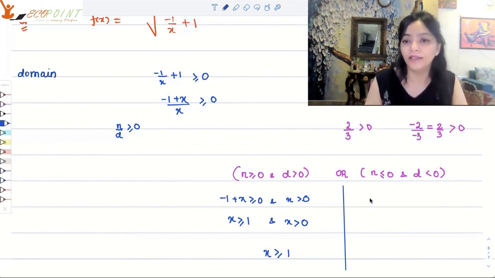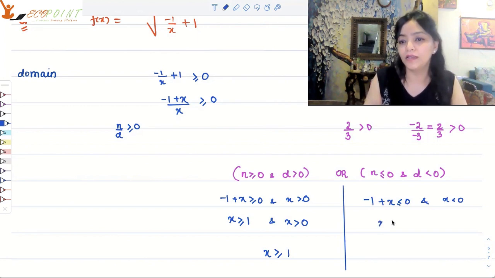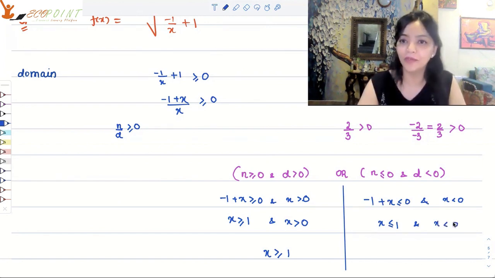Now the other side, that is when both are negative. So -1 plus x is less than or equal to 0, and simultaneously x is less than 0. This would mean that x is less than or equal to 1 and x is less than 0. Now you have to think of numbers which would be strictly less than 0, as well as less than or equal to 1.